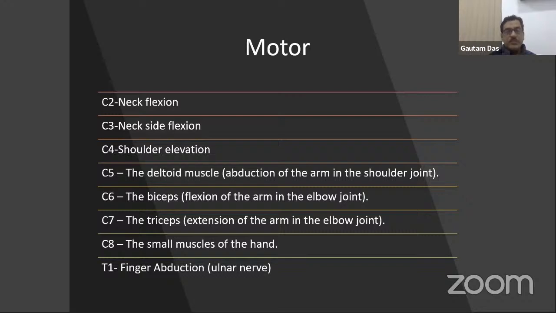Neck flexion is your C2, neck lateral flexion or side flexion is your C3, shoulder elevation is your C4, abduction of the shoulder is C5, the biceps, the flexion of the arm is C6, the triceps is the extension of the arm, spanning the small fingers, grasping is your C8, and your T1 is the abductions. So these are the few things which we should be remembering for the motor.